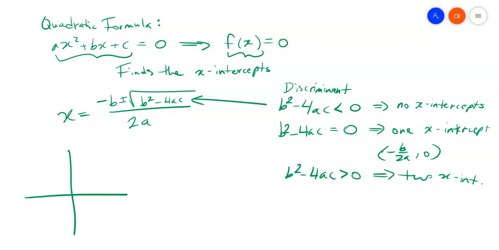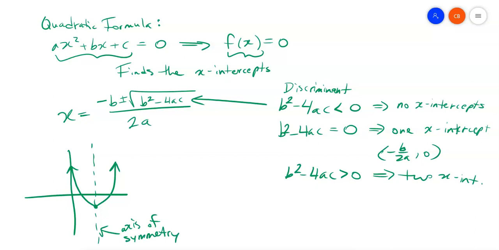Now I want to remember something else about a quadratic, which is that whenever you graph it, it's symmetrical. We've been talking a lot about symmetry: x-axis symmetry, y-axis symmetry, all of these kinds of things. Well, a parabola is symmetrical around something with a fairly obvious name, the axis of symmetry.